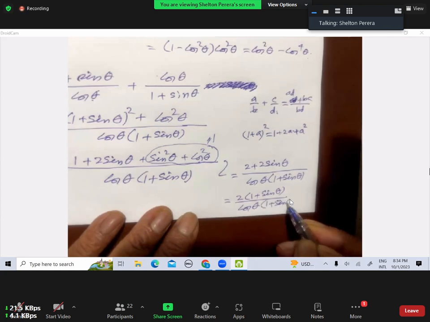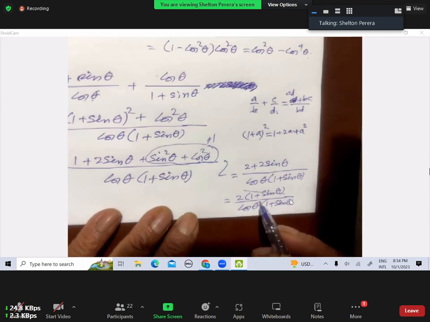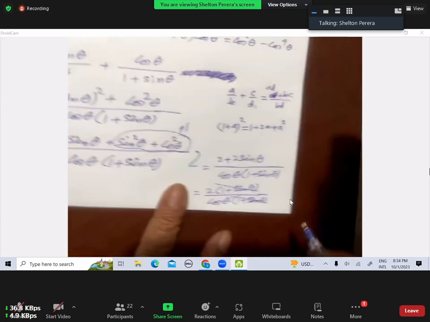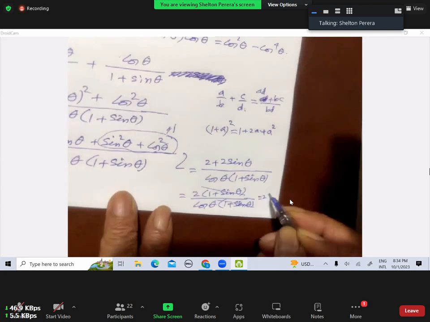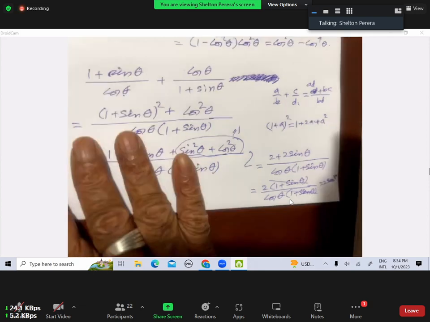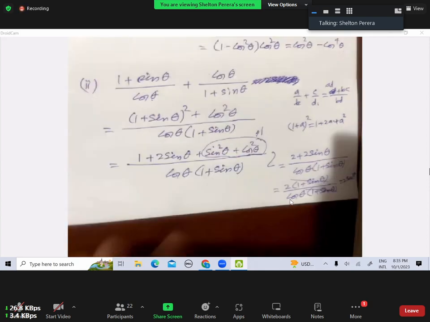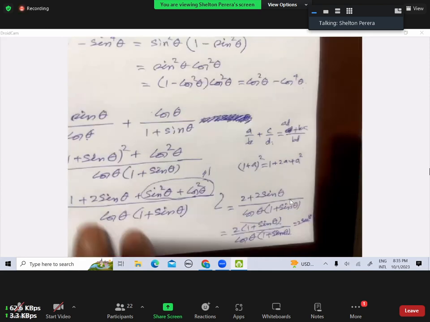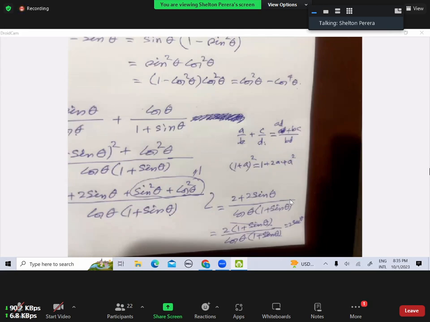When 1 plus sine theta is not equal to 0, you can cancel them. 2 over cos theta is 2 sec theta. That is what we wanted to prove. So it's simple algebra with trigonometric quantities, plus cos squared plus sine squared is 1, together with 1 over cos is sec. Those are the trick formulas.